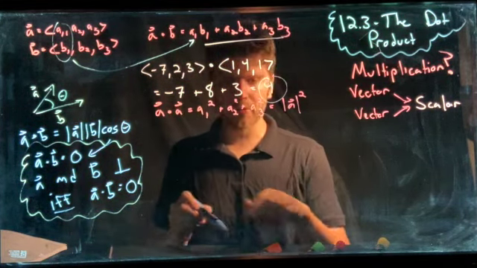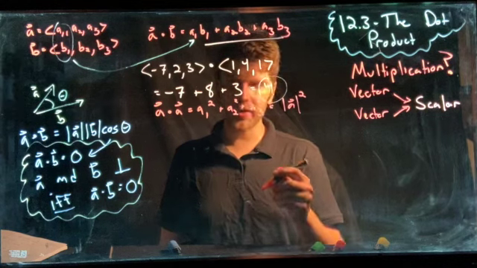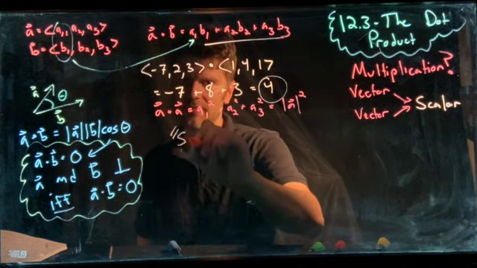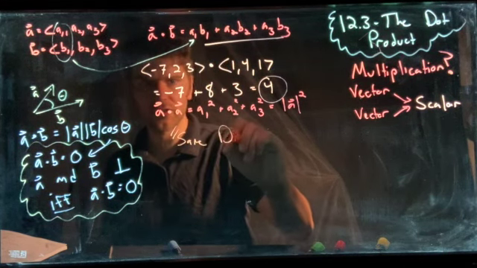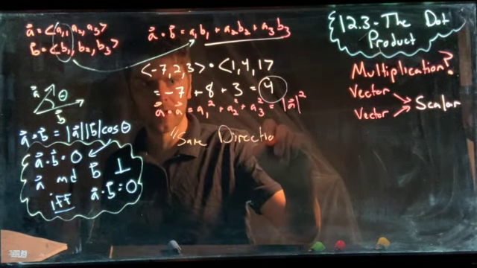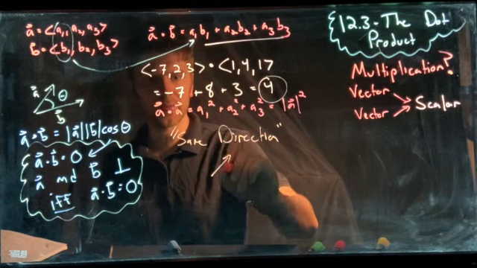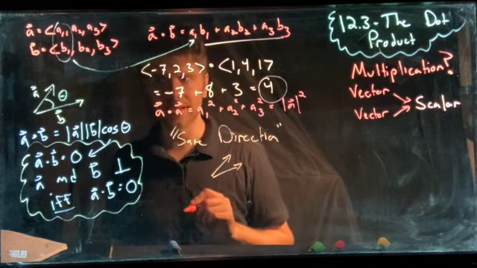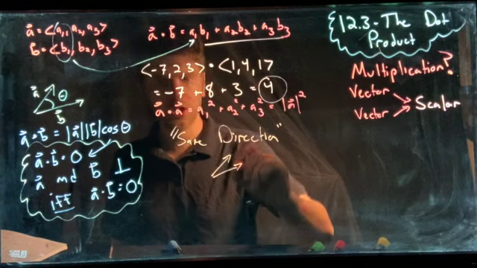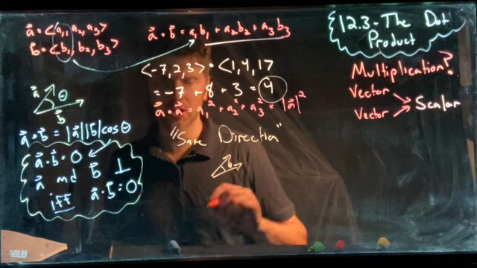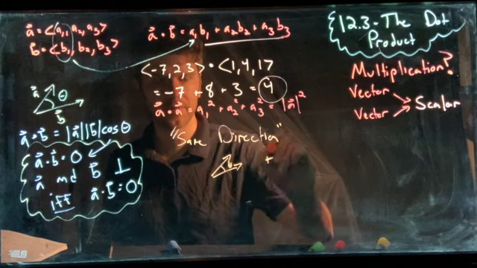What does the dot product actually do for us? Well, what it does is it kind of measures their same-directionness. How much are these two vectors in the same direction? And it's all about that cosine theta. If our two vectors happen to be more or less in the same direction at a somewhat acute angle, then that angle is small, and cosine theta is going to be positive.